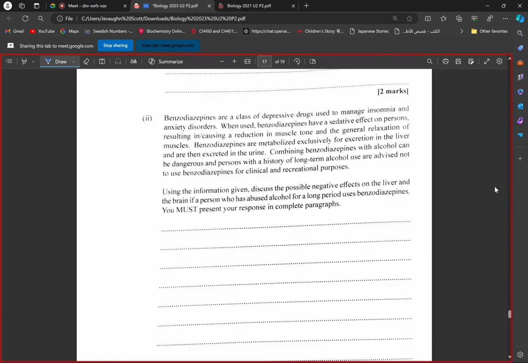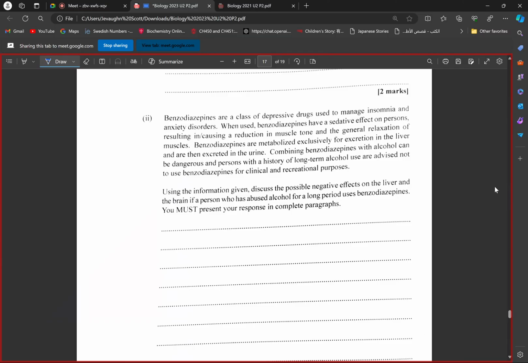So if you have a damaged liver, for example, then taking benzodiazepine, the whole function of the liver is going to be compromised, in that it won't function to the maximum in a person who has an alcohol abuse history.